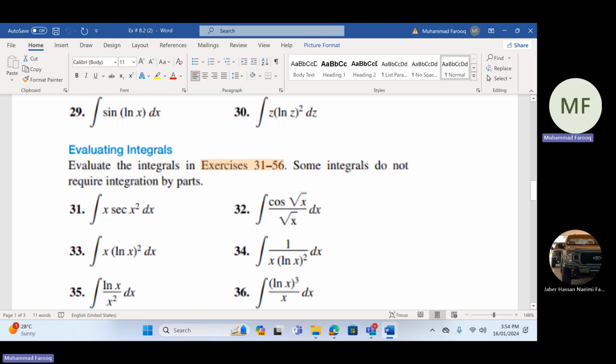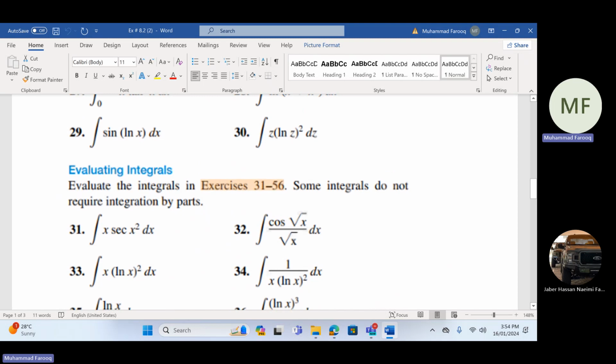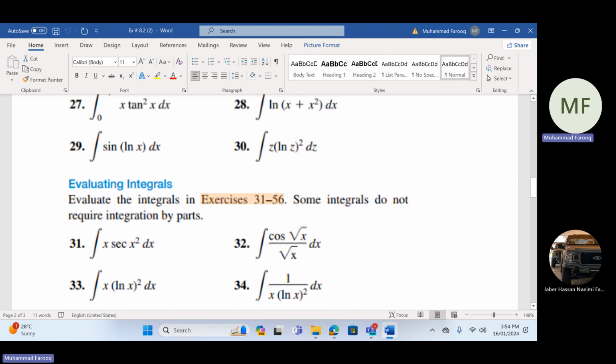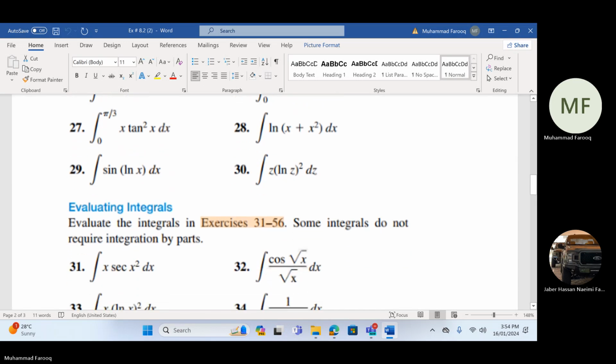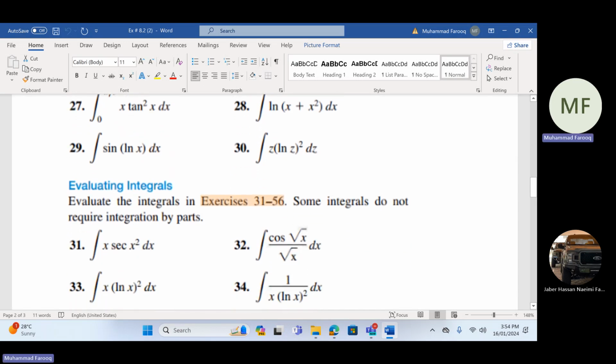Next, integration of sine inverse x. This you have to go by parts because you cannot integrate it directly.